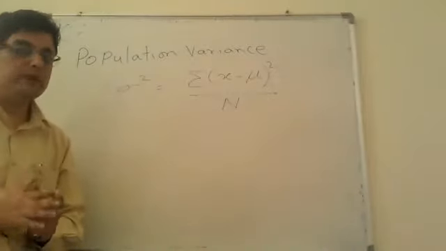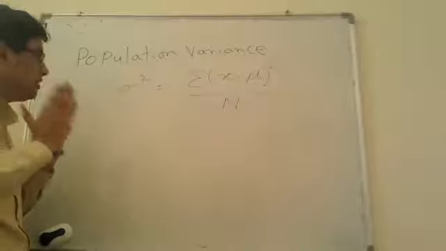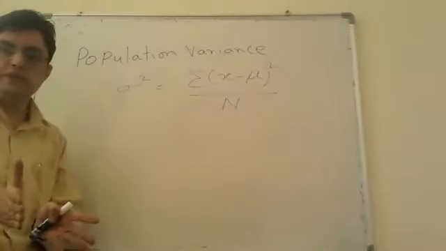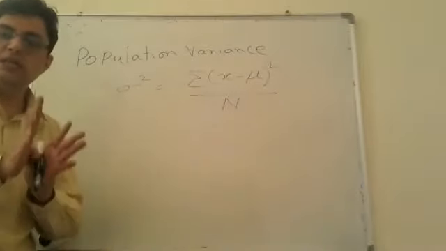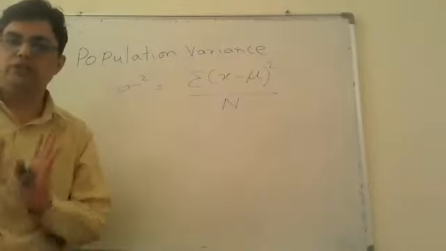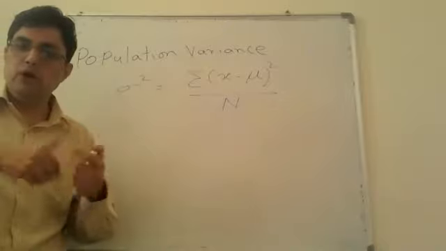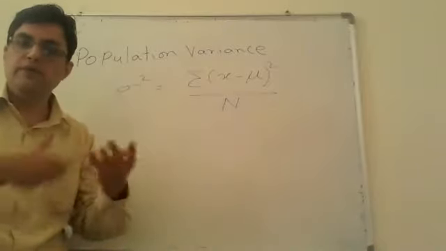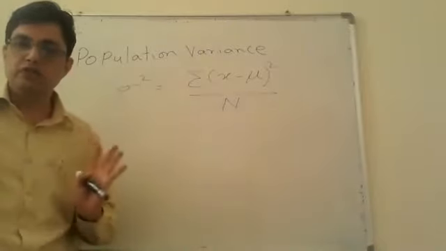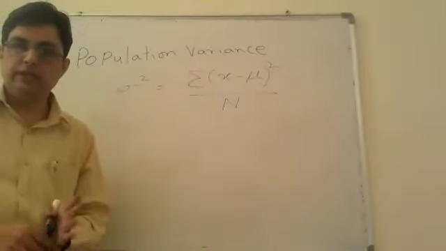I just want to explain the difference between variance and standard deviation. Standard deviation is just the square root of the population variance. In order to find the standard deviation, we need to find the variance first, and then just take the square root of that. That's it, nothing else.